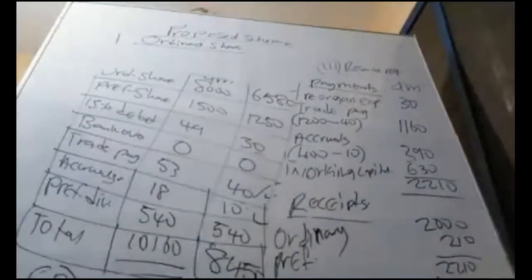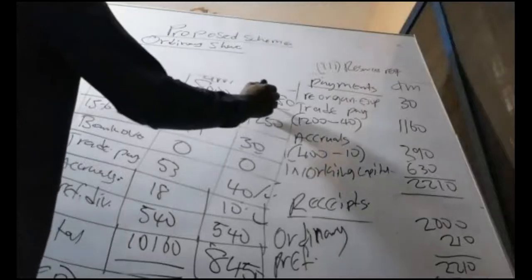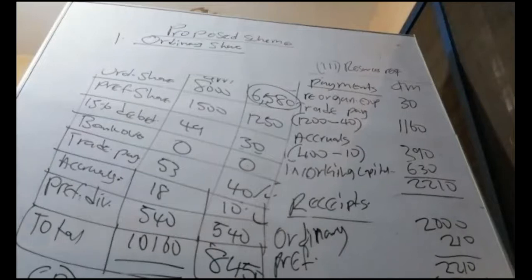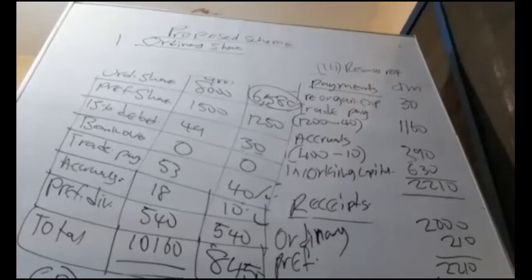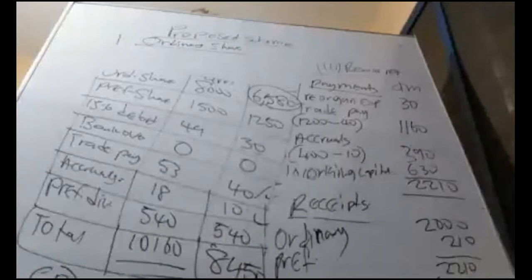So ordinary shareholders must agree to waive off 6,580 of their investment and subscribe to new shares amounting to 2,000 million.